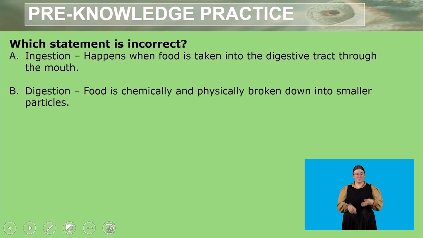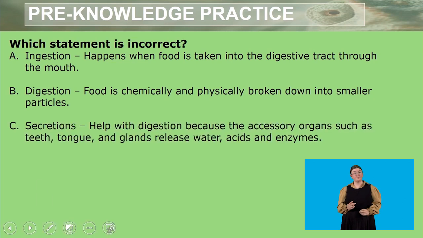And then B, we have digestion. Food is chemically and physically broken down into smaller particles. This is after you have placed the food in your body, and then it goes down your digestive tract into your stomach. There it is already broken into small particles. It also becomes broken down in small particles as you chew it, and that is the physical part of breaking it into small particles.